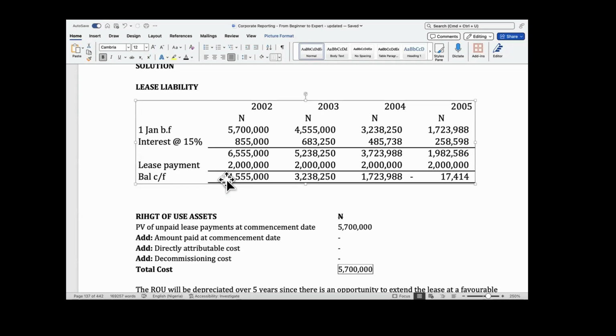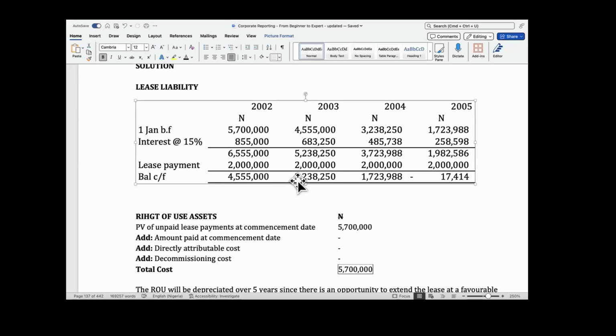The easiest way to do that split in the exam so that you will not make mistakes, because you will have done this schedule, is to take the liability in the current year and look at the liability in the next year, which is the balance carried forward in the next year. In this case, it is 3.2 million, which goes to show that our liability has reduced from 4.5 in year 1 to 3.2 in year 2.